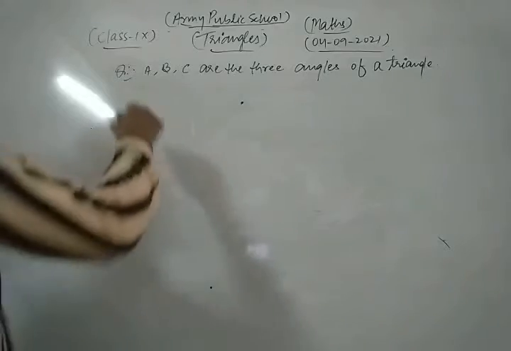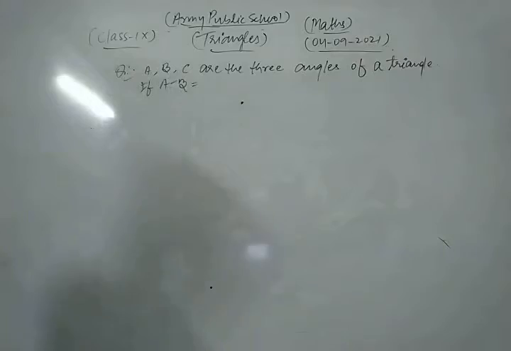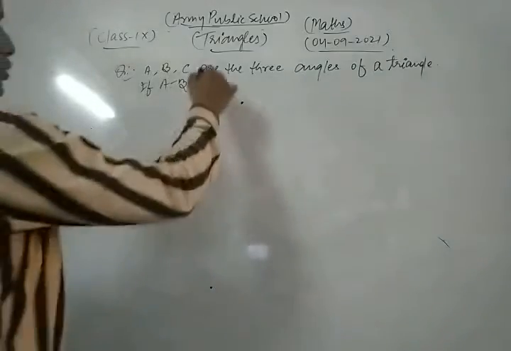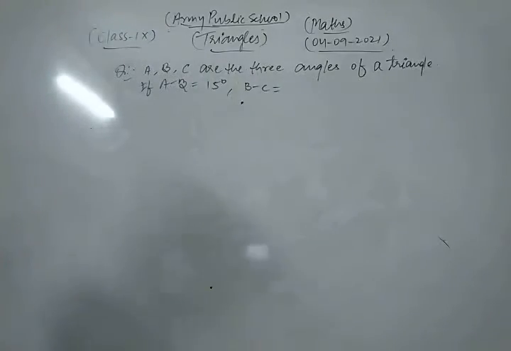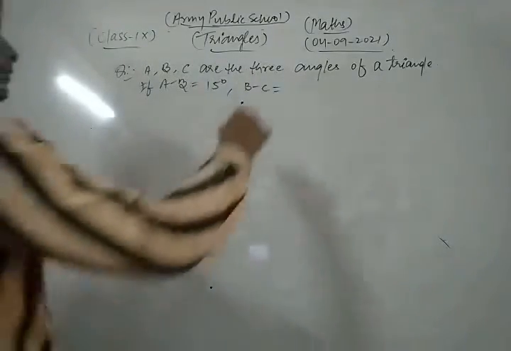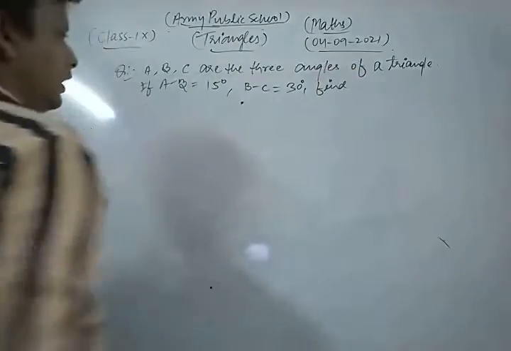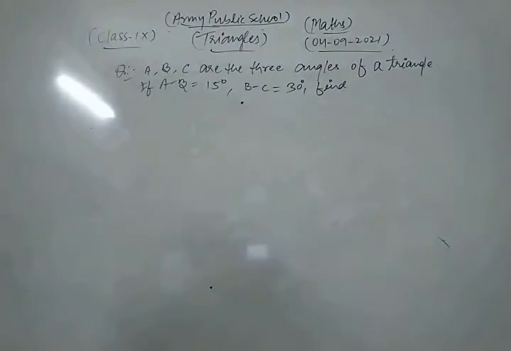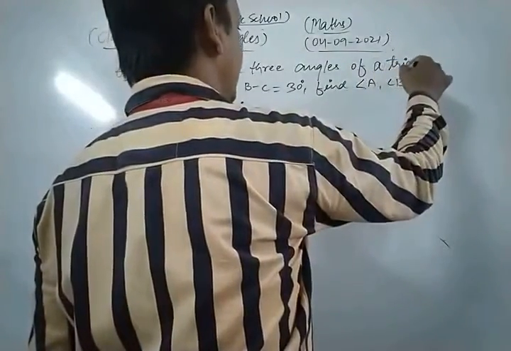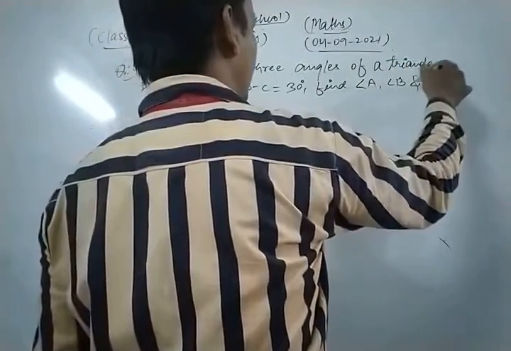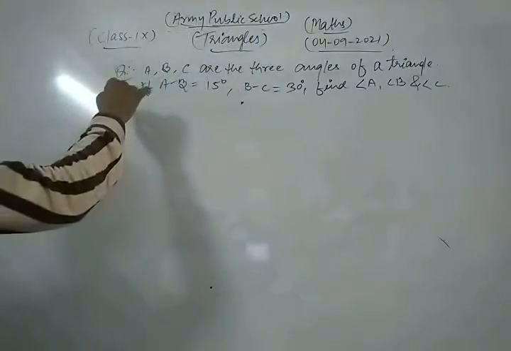If A minus B is equal to 15 degrees, and B minus C is equal to 30 degrees, find angle A, angle B and angle C respectively. Now let's see its solution.